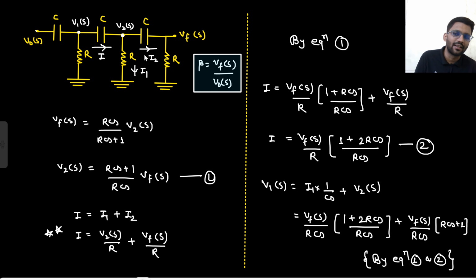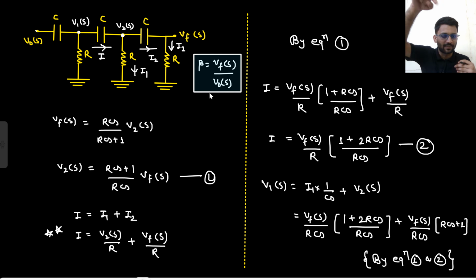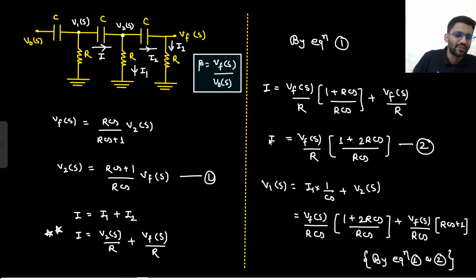Then you write down this current. This current equals I1 plus I2. So that current would be V2S by R plus VFS by R plus VFS by R, because the current here is VFS by R, that equals I2 only. From equation 1 you put these values, then you get this I value. Then what will be your V1S?